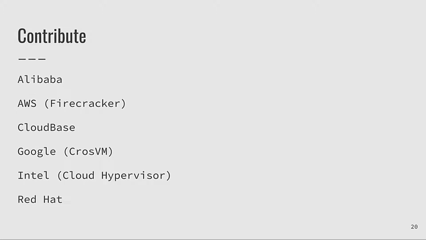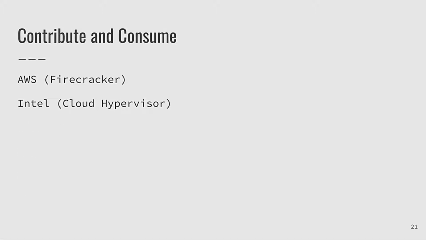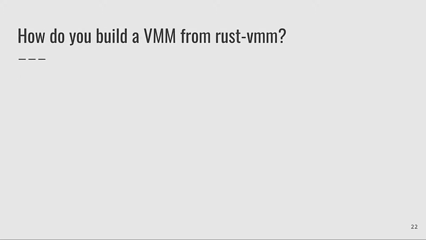So they're trying to make Rust VMM crates work on Windows as well, and Alibaba is one of them. So those are the contributors. If you look at who contributes and uses Rust VMM, it's basically two entities, AWS with the Firecracker project and Intel with the Cloud Hypervisor project, which I will be talking about in a few minutes.